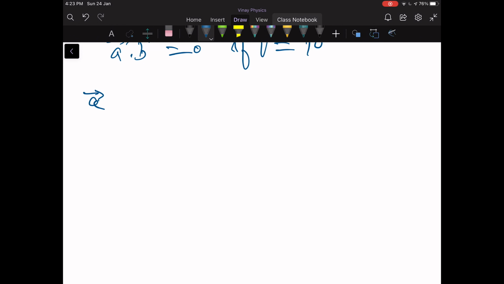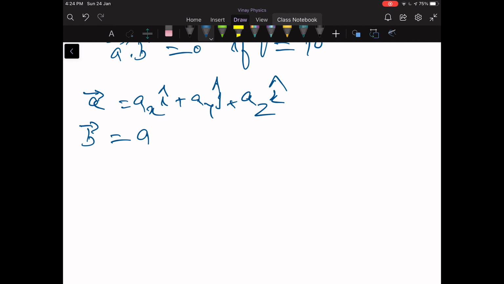Now, once we know that, we can take any generic vector. Let us say we have a vector A which has three components, AXi plus AYj plus AZk. This is our first vector, and we have a second vector B, which is BXi plus BYj plus BZk.